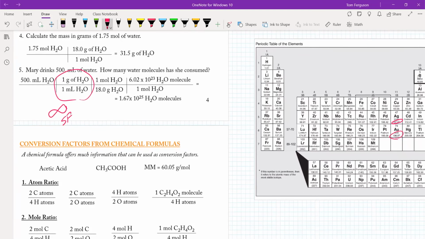So it's 1.00000 grams over 1.00000 milliliters of water, at a certain temperature, because volume and mass differ by temperature. But if we round it off to 1 and 1, it's pretty standard. So if you have 500 milliliters of water, that's the same as 500 grams. Okay, so let's do this problem here.